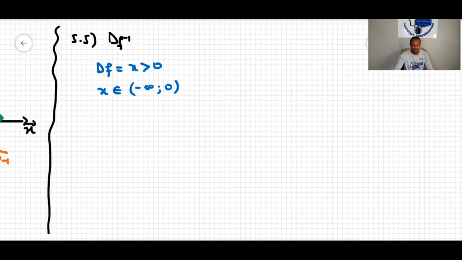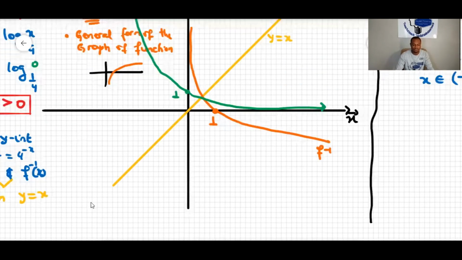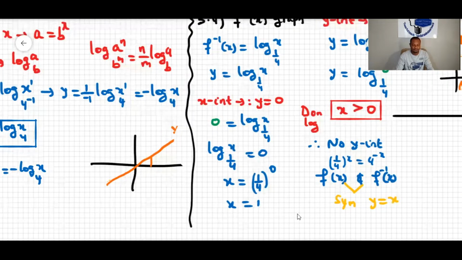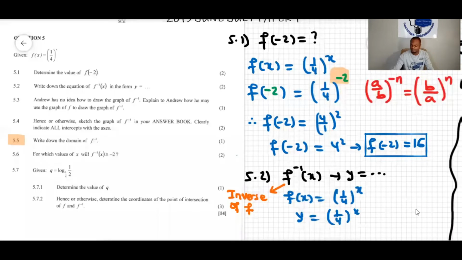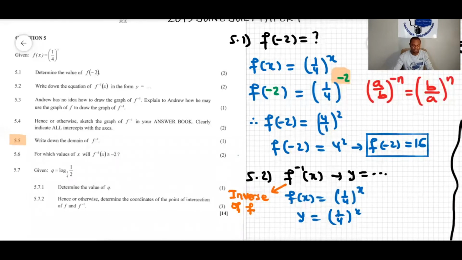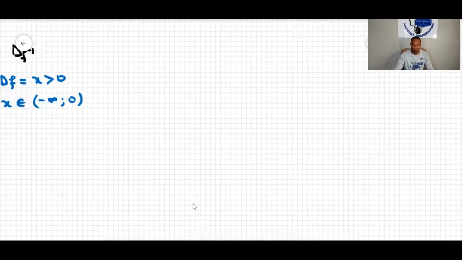Okay, so that was 5.5. Now let's do 5.6. Question 5.6 says, for which values of x will f minus 1 of x be greater than or equal to -2?